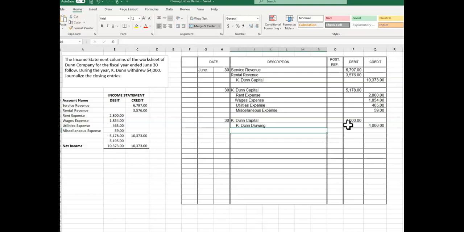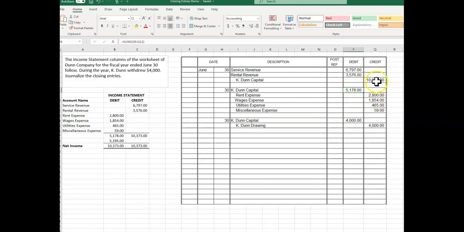Interestingly enough, and I want to point this out, we closed expenses into capital and we closed revenue into capital. And we know that this company, if we look at these two numbers here, the total of our revenue is greater than the total of our expenses. So that means that we have a net income.